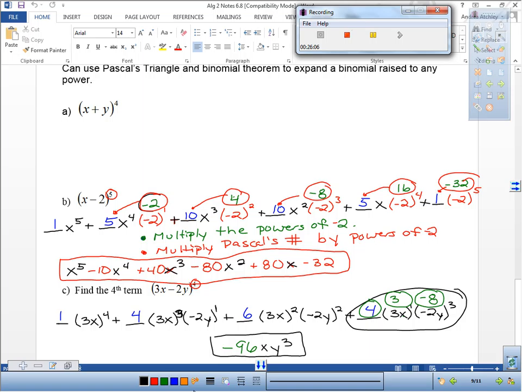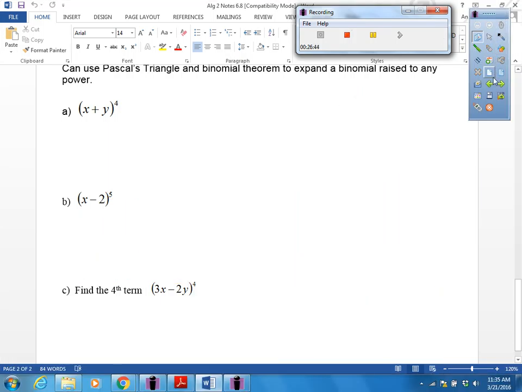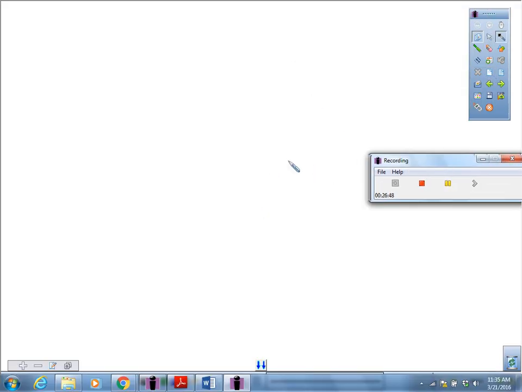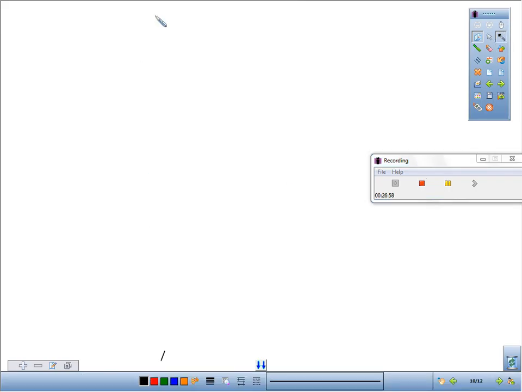Okay, on the back of that page, we're going to do some old school notes. Old school notes. Okay, I'm going to teach you yet another way to do this. Okay, so there's a thing called binomial theorem.